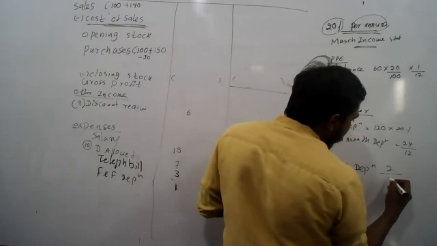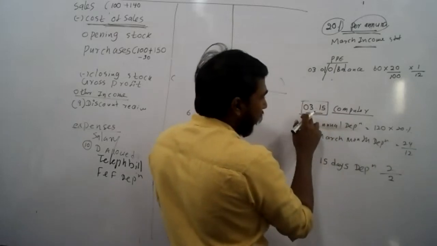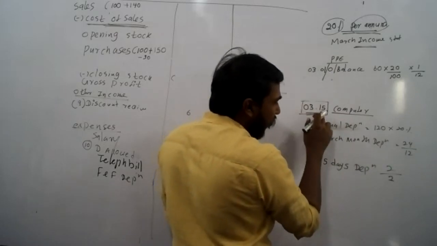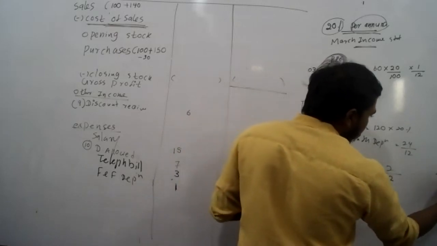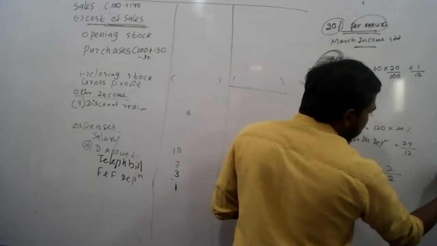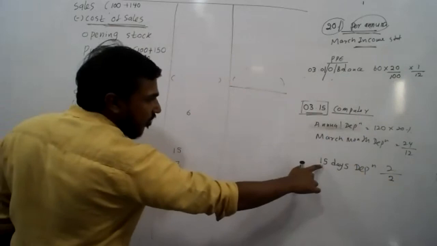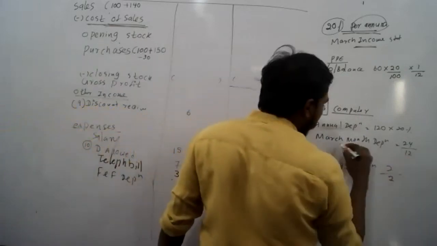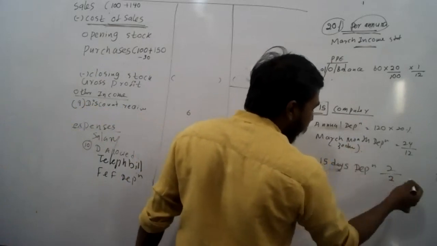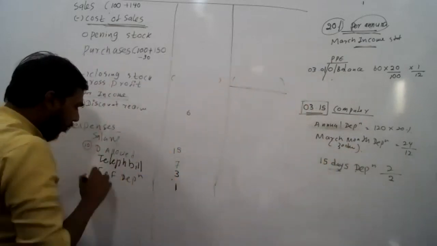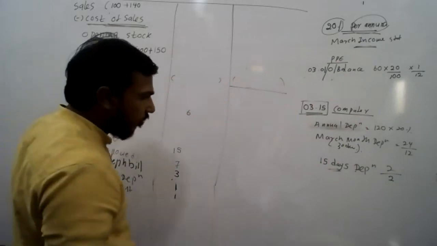It's 2 divided by 2, because this is for 1 month of 30 days. 15 days means half. It's 1. Computer depreciation is 1. Clear?